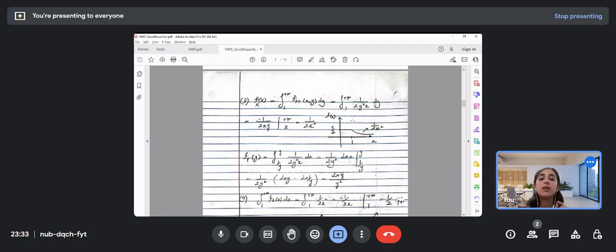So we have 1 divided by 2 for the range between 0 and 1, and the area is 1 divided by 2. And then we have the integral that we had calculated, which is 1 divided by 2x to the power of 2. So this is the probability density function of x.